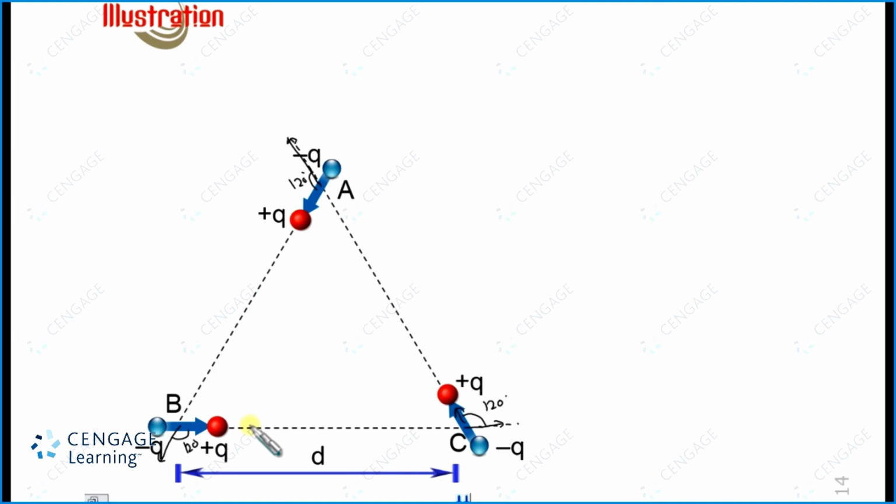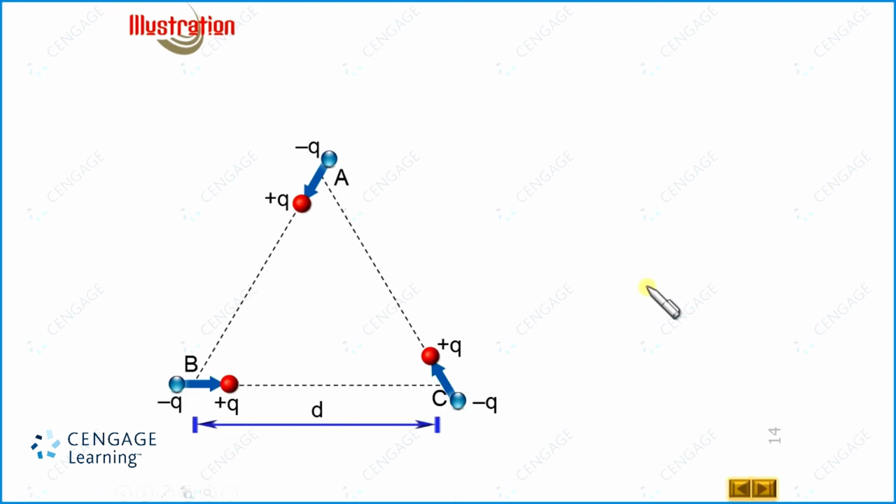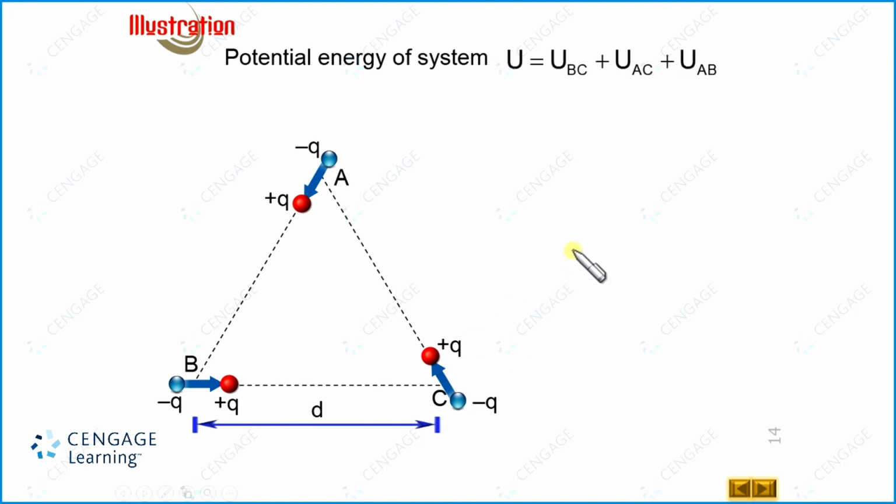So we need to calculate the potential energy associated with any one pair. The potential energy of this system is equal to UAB plus UBC plus UCA, right? These 3 pairs, UBC, UAC and UAB, are the same in magnitude. So let us calculate any one pair.